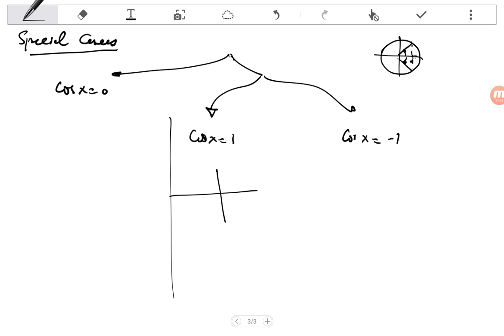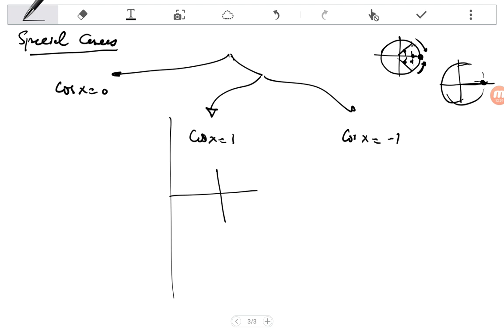Okay? If I move this alpha to be 1, these two basic angles will merge to be one basic angle. So in the case of cosine x equal to 1, we'll just have one basic angle instead of two.